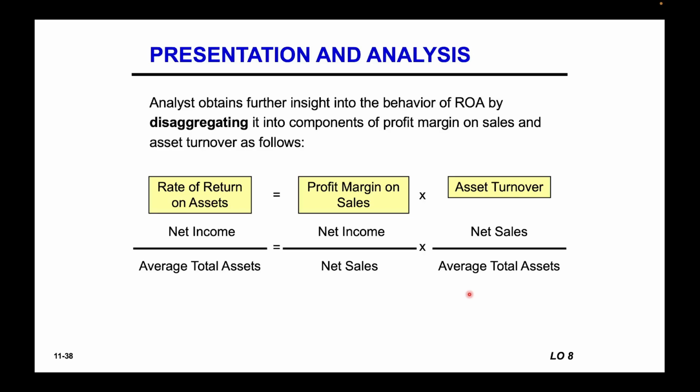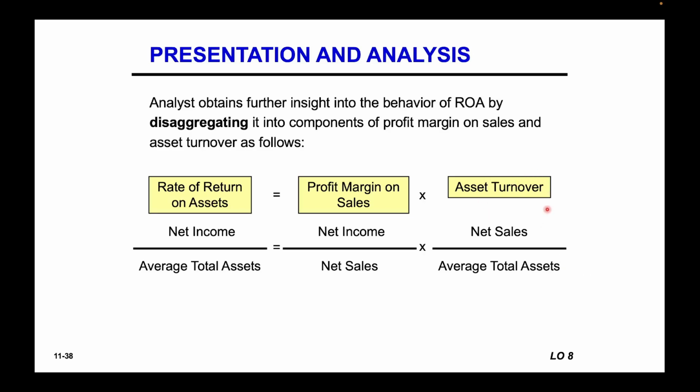If we rewrite this formula by breaking it down into two parts, the profit margin on sales and asset turnover, the rate of return on assets equals net income per net sales, which is the profit margin on sales, times net sales per average total asset, which is the asset turnover.